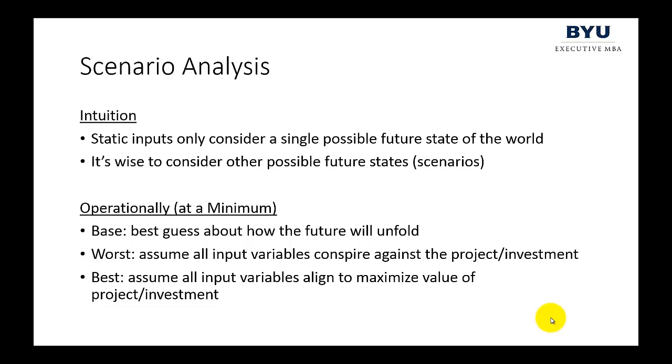Next, you should consider the worst case scenario. The way we think about the worst case scenario is assume that all of the input variables conspire against your project and investment. So for the worst case scenario, you should use as your inputs the numbers that would be the worst case scenario for the output that you're considering. So for instance, in an NPV calculation, what would make for the lowest NPV?